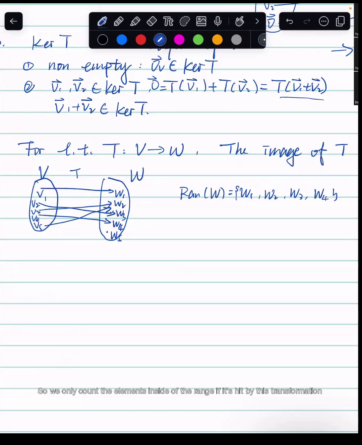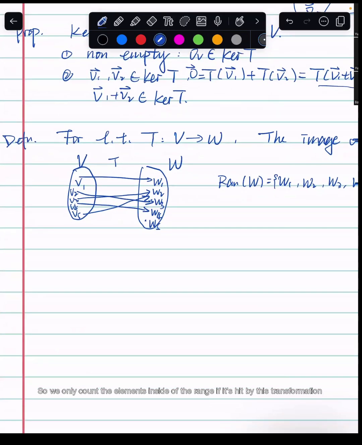So we only count the elements inside of the range if they are hit by this transformation.